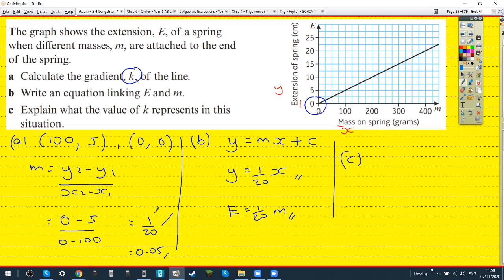And so we would say for every 1 gram increase in mass, there is a 0.05 centimeter increase in extension of the spring.